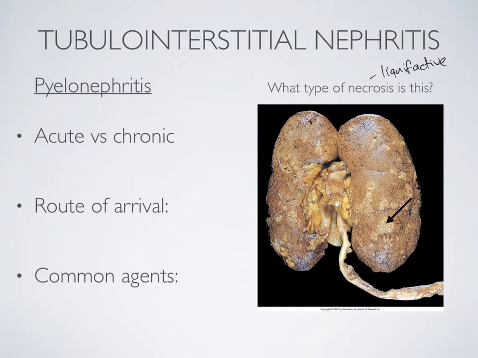So pyelonephritis is actually quite common because the main cause is from a urinary tract infection, which is a frequent occurrence. It can be acute or chronic. So acutely, somebody has a UTI, they don't take care of it quick enough, or the body doesn't clear it quick enough, and the bacteria go up the ureters into the kidneys, and you get pyelonephritis.